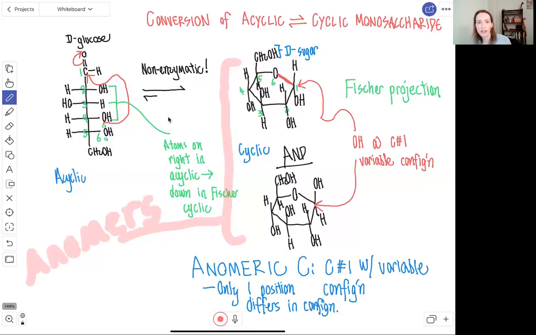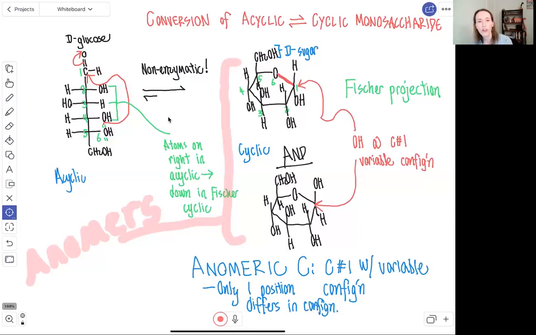And that one position that differs in configuration is what started off as the aldehyde group, carbon 1 in our open chain form, and becomes this variable position in the cyclic form. Since the exact stereochemistry dictates biological function, these different cyclic sugars can have different biological functions. So that's why we make a fuss about this and take a look at it.